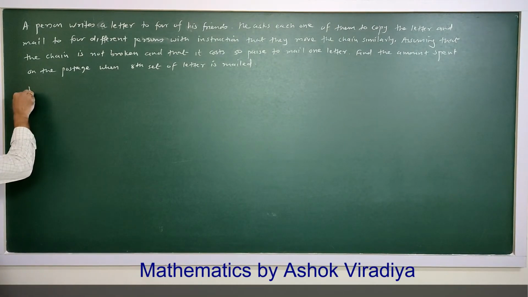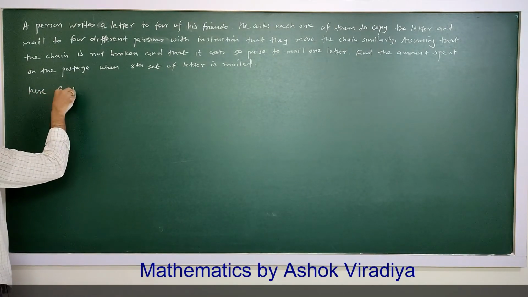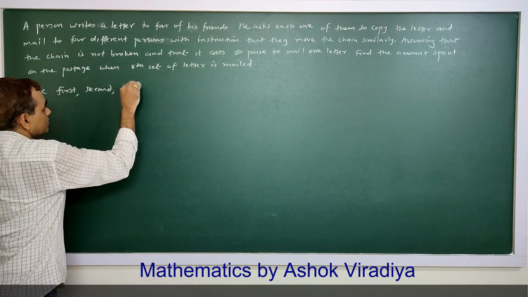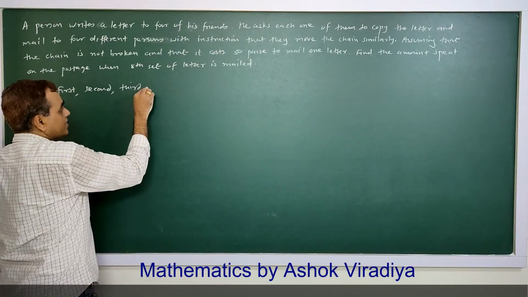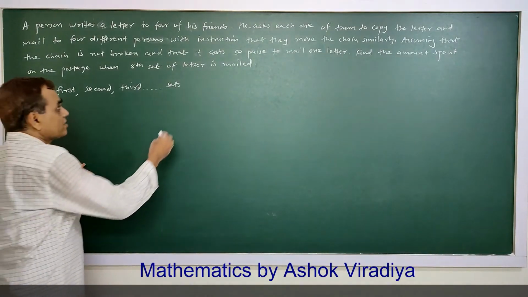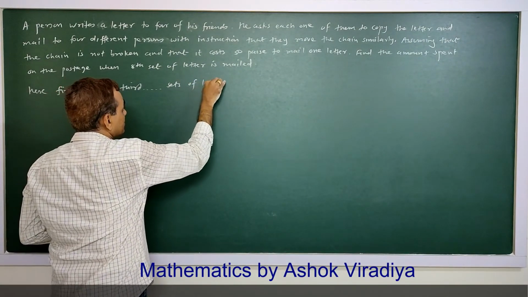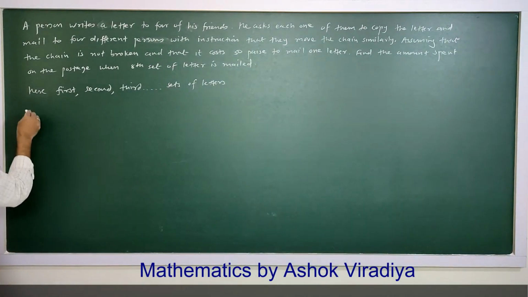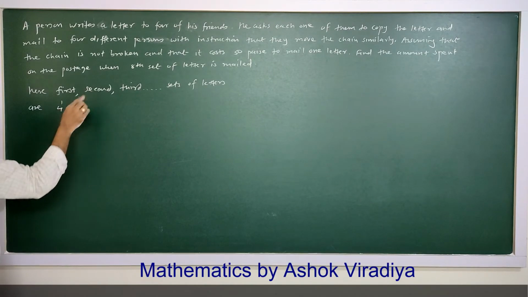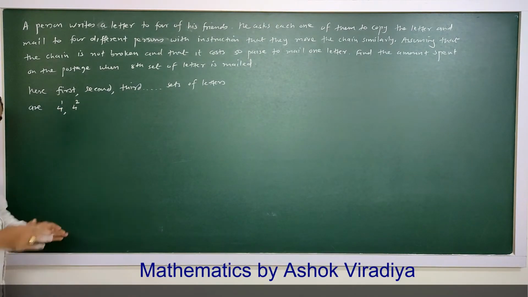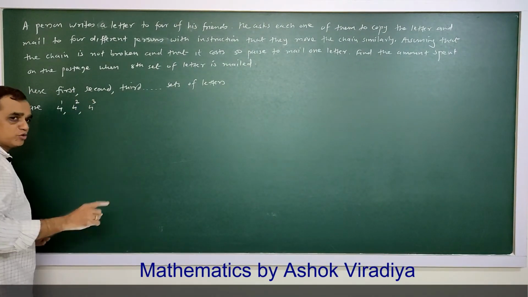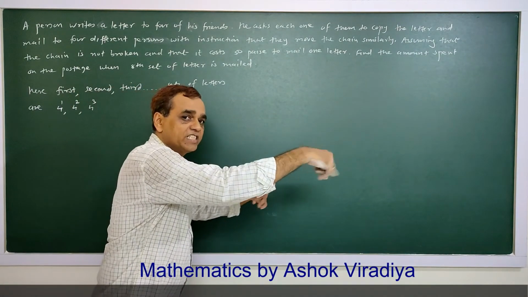So here, first, second, third, etc. sets of letters are, see, in the first set 4 letters are sent, in the second set 4 square, so 4 into 4, 16, then in the third set 4 cube, so all 16 will send 4, that is 64.